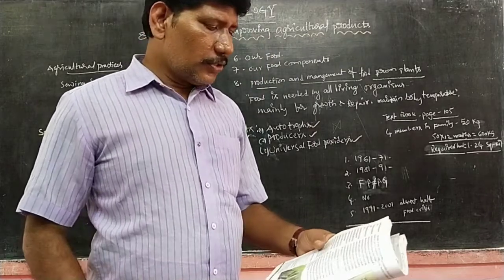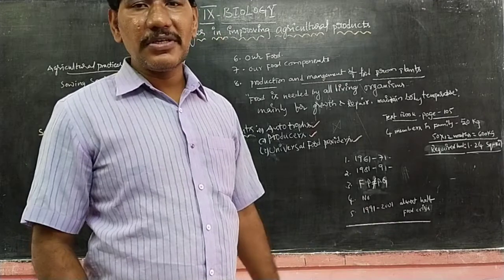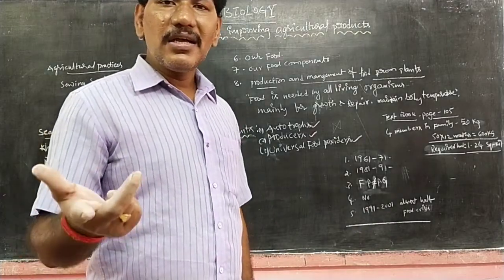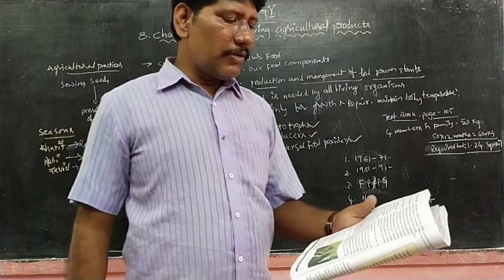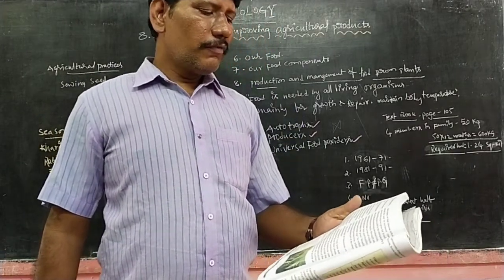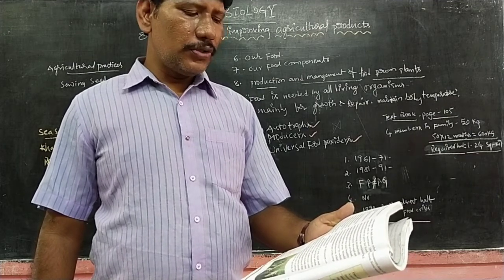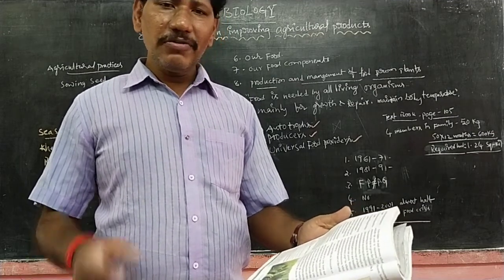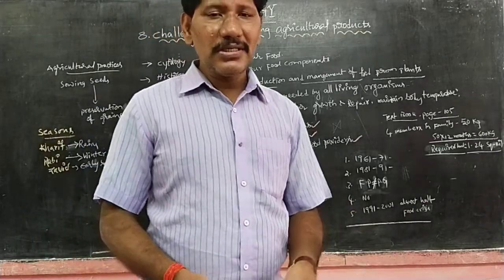Is that clear, children? What will happen if the food production is not sufficient? As we discussed, it causes a food crisis. Next, the decade 1991-2001 shows the rate of food production was nearly half as compared to the population. What can you infer? What is your inference? That is a result from the decade when population growth was highest.